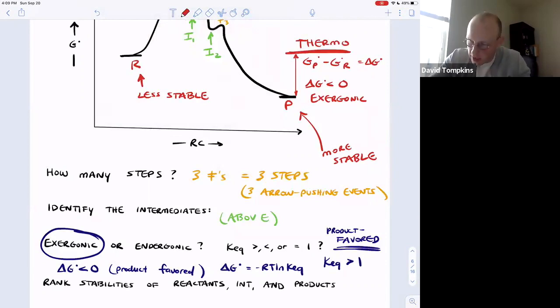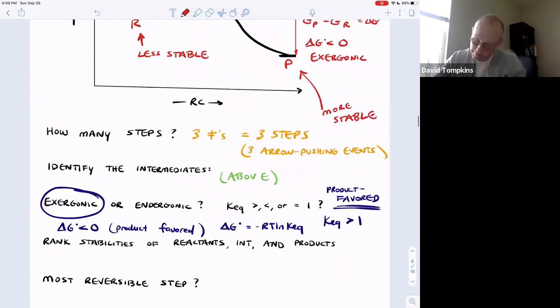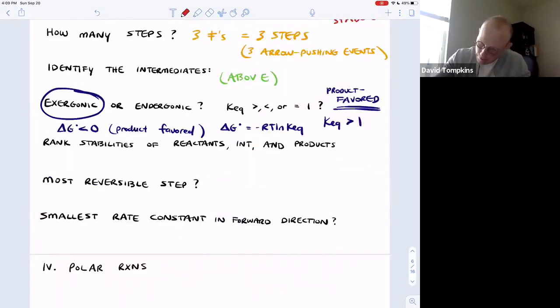But then there are also kinetic concerns, which tell you about speed for a reaction, okay? So if you think about stability next, for reactants as compared to intermediates, as compared to products, right? If you decrease the free energy, then you increase the stability, right? Lower energy means more stable.